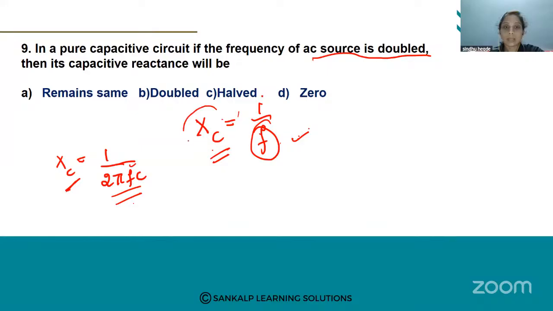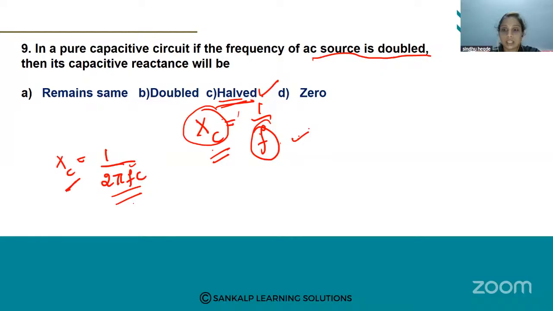What about your capacitive reactance? XC. It is exactly half. Okay. ಇದು ಡಬಲ್ ಇದ್ದಾಗ ಇದು ಏನಾಗತ್ತೆ ಕರೆಕ್ಟ್ ಅರ್ಧ ಆಗತ್ತೆ. ಸೊ ಸಿ ಆನ್ಸರ್ ಇಸ್ ಕರೆಕ್ಟ್. Got the point? First, you should remember the formula which is related to frequency and capacitive reactance. Next, later, you will learn which one is doubled and which one becomes half.